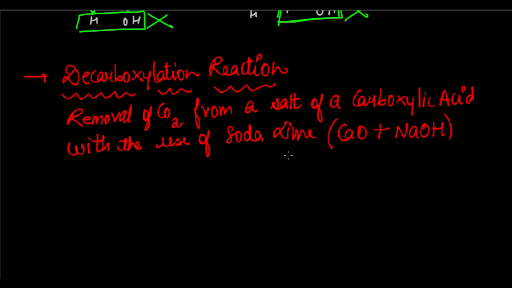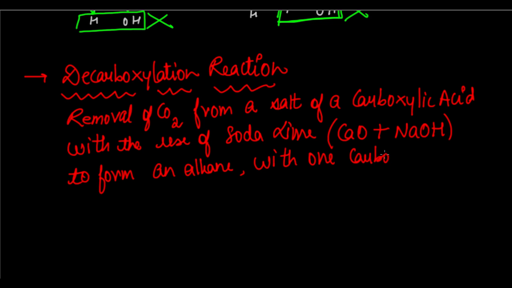So soda lime is used to remove carbon dioxide from a salt of a carboxylic acid, okay, to form an alkane. To form an alkane, but there is a condition: an alkane with one carbon less than the original acid.